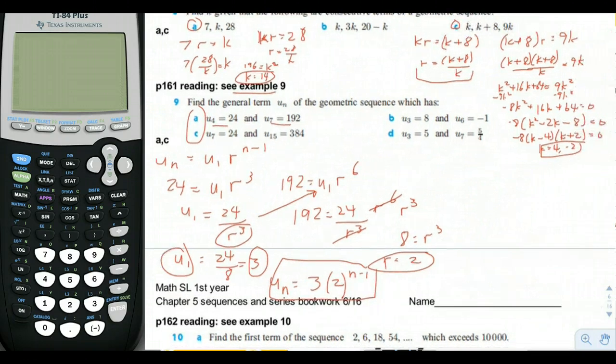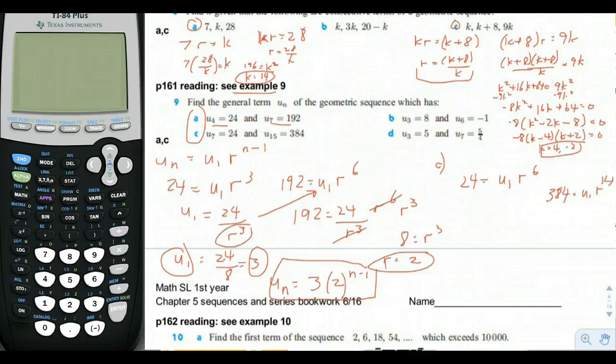And the next one says, okay, you got u7. Now I'm doing C. u7 equals 24, so it's 24 equals u1 times r, which we don't know yet, to the 6th. And u15 would be 384 equals u1 times r to the 14th.